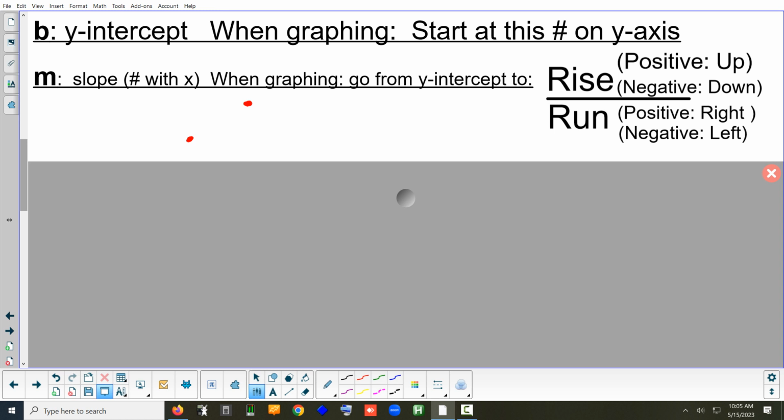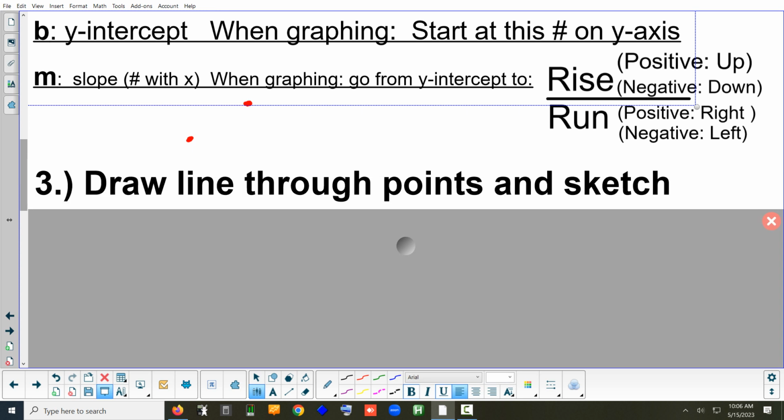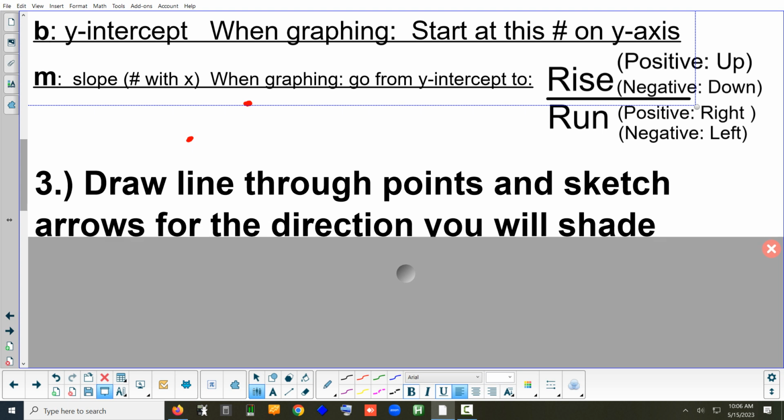So we already know the slope. That's going to be given. That's going to be the number with m. So we use the slope, we use the intercept. We got 2 dots, but now we want to graph it. So we want to draw the line through those dots, and that's step 3. Draw the line through the points.